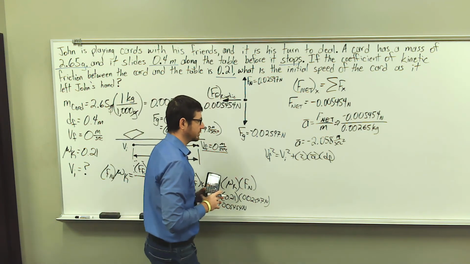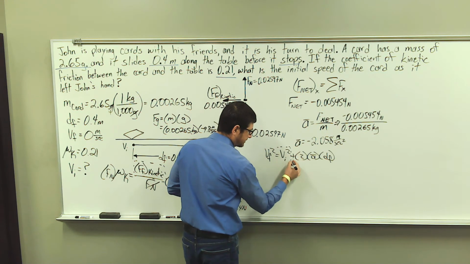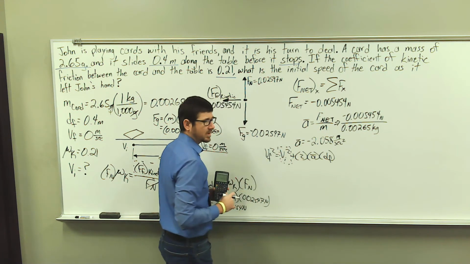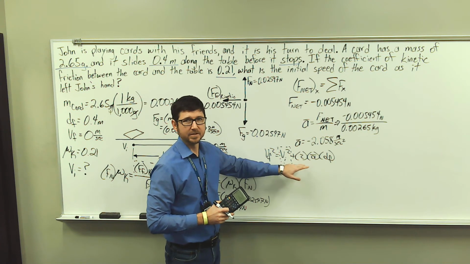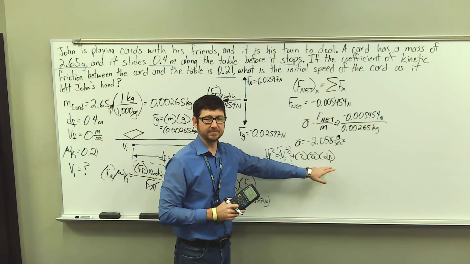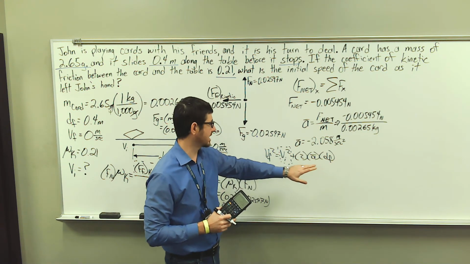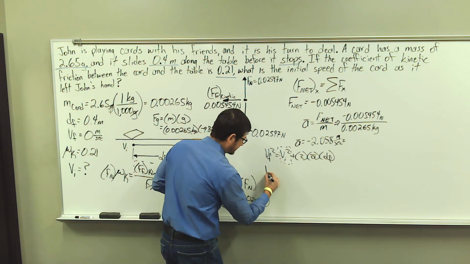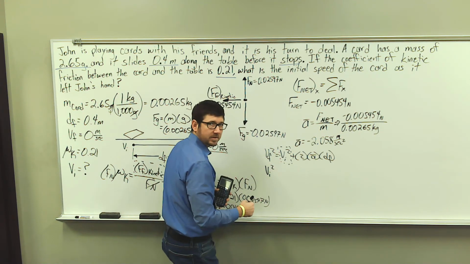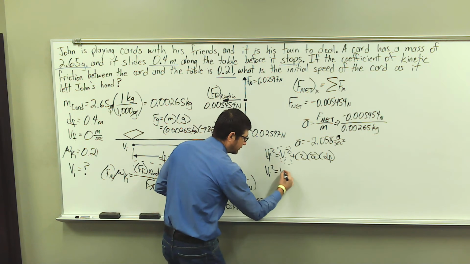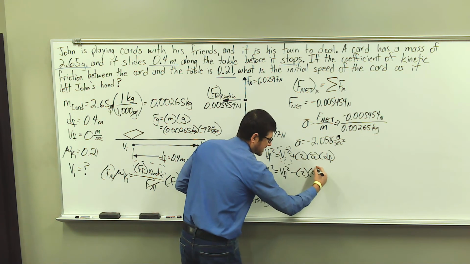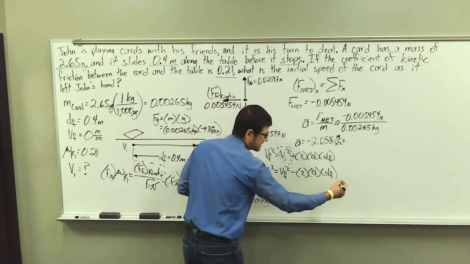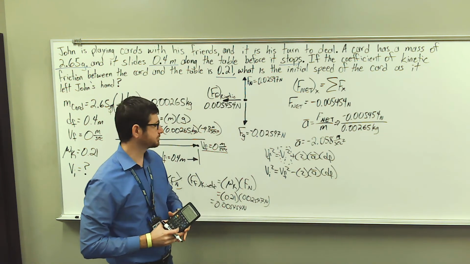So what we're going to do is isolate initial velocity squared, and we're going to do that by subtracting 2ad from both sides of the equal sign. So this is going to give us initial velocity squared is equal to final velocity squared minus 2 times acceleration times our final displacement.